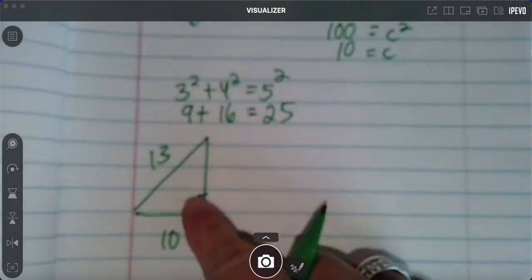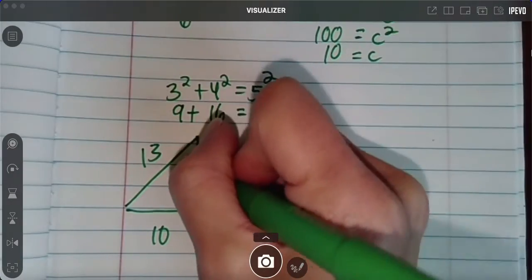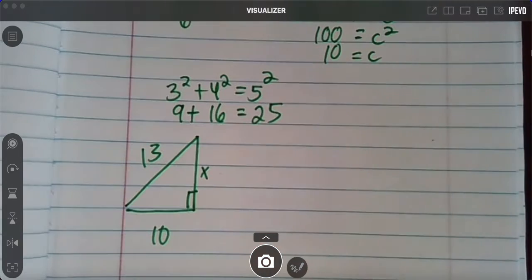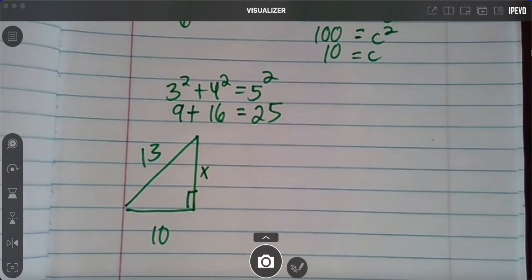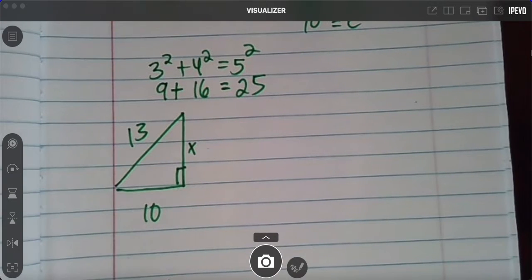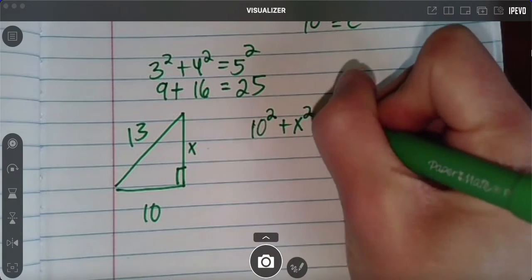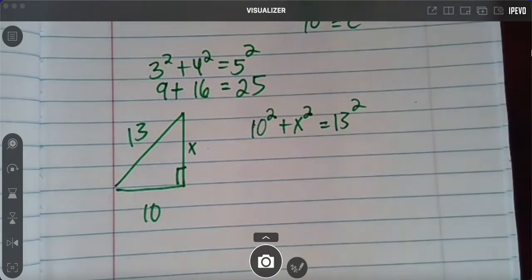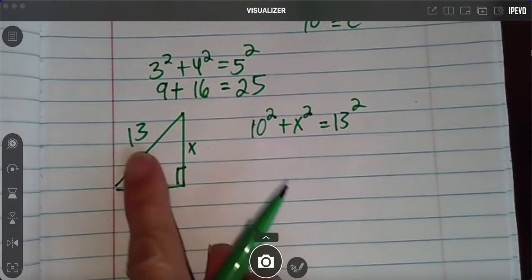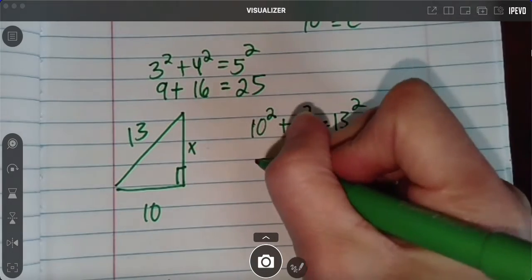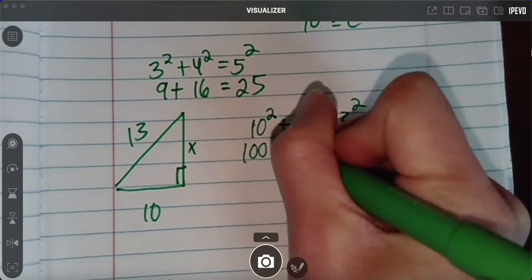How would I find, what do they want me to find? Find the length of the missing side. Let's call it something, I'm going to call it X, okay? Or you could call it A or B if you wanted to. So, what's my formula again? A squared plus B squared equals C squared. So I'm going to say 10 squared plus X squared equals 13 squared. Does everybody understand why 13 was on the side by itself? Because it's the hypotenuse. So 10 squared is 100.